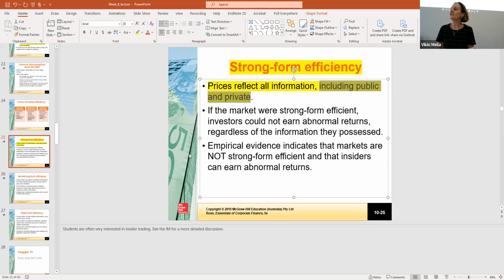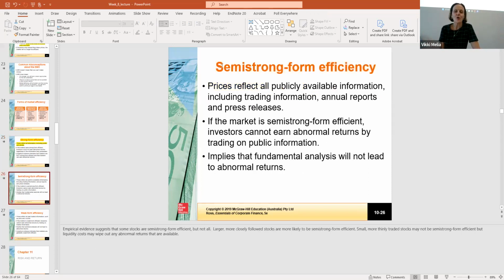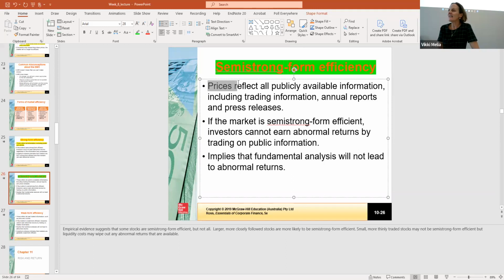The form of efficiency that's most applicable to our capital markets is the semi-strong form efficiency. With semi-strong form efficiency, and I think this one makes sense, the prices of shares reflect all publicly available information.